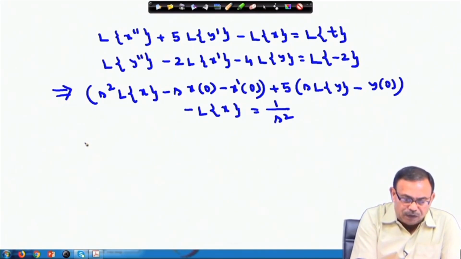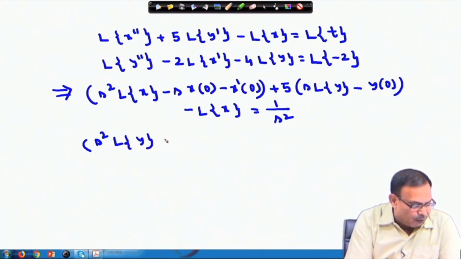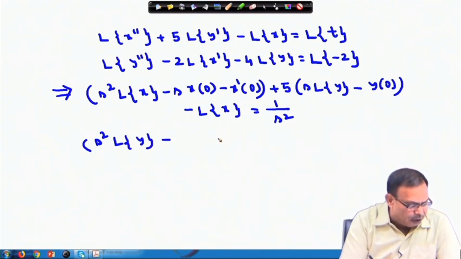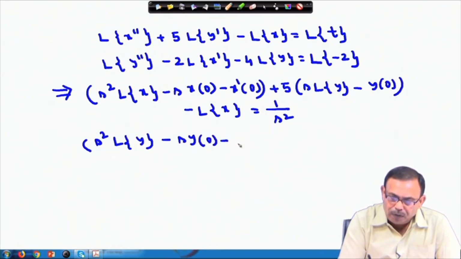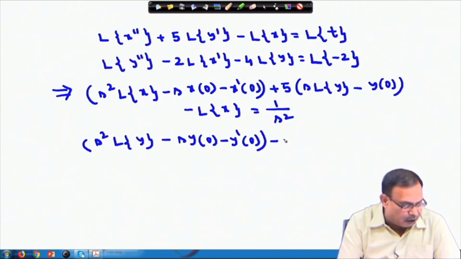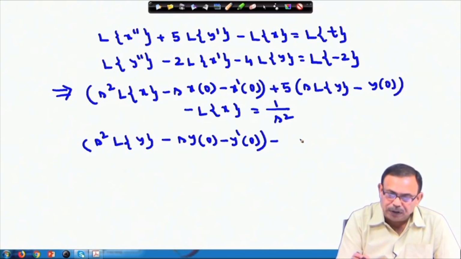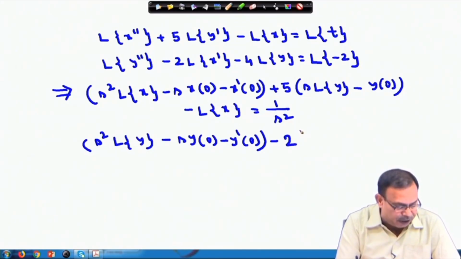And similarly, for this one I will obtain s square Laplace transform of y minus s y(0) minus y dash(0). This is for the Laplace transform of y double dash, minus 2 into the Laplace transform of x dash.